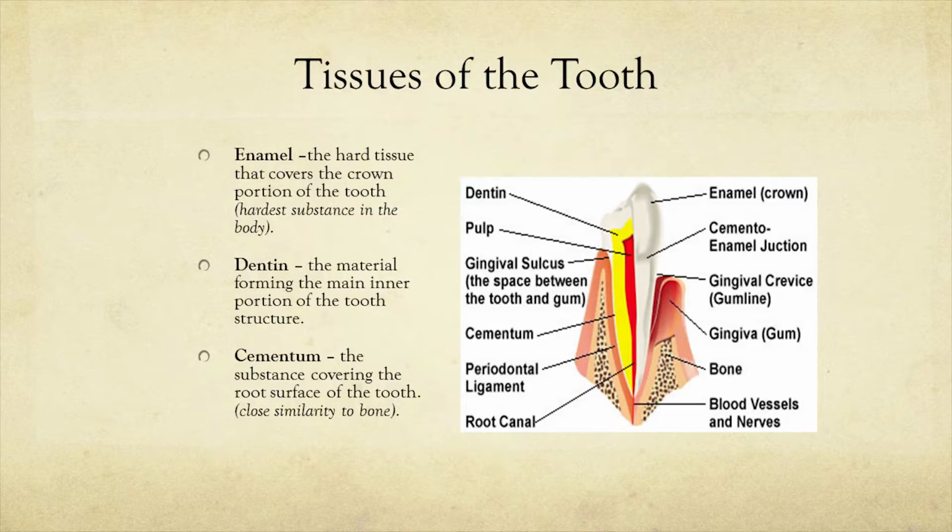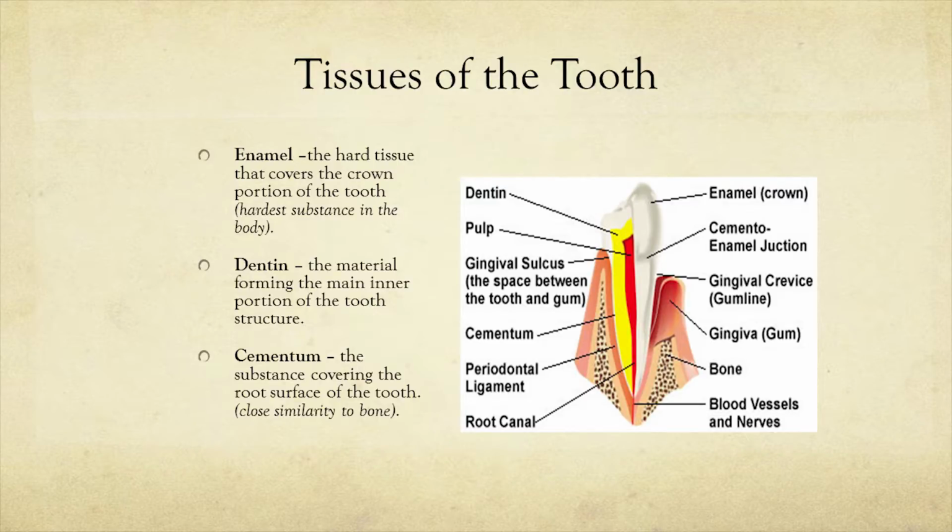The root portion is covered by cementum. Cementum, which covers the root of the tooth, has a structure very similar to that of bone, but it's relatively a lot softer compared to enamel. And this protects the root of the tooth.